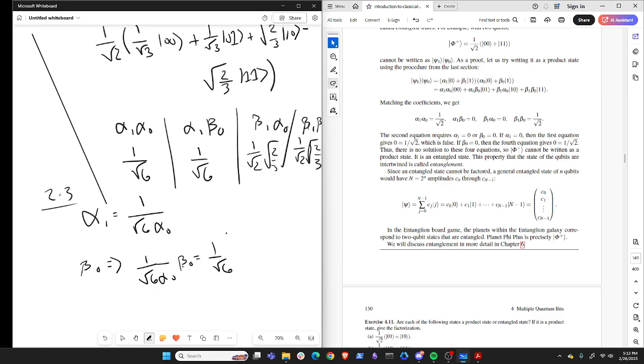So we can rewrite this here: beta 0 over square root of 6 alpha 0. We can multiply both sides by square root of 6 alpha 0 to eliminate. And we're left with beta sub 0 is equal to alpha sub 0.